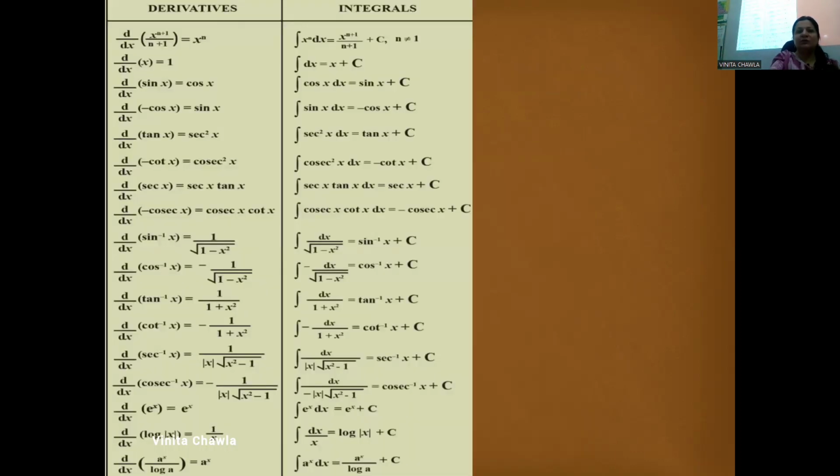So these are the formulas of integration you can see. For x^n dx, we write x^(n+1) upon (n+1) plus c. Here c is nothing but the constant of integration.